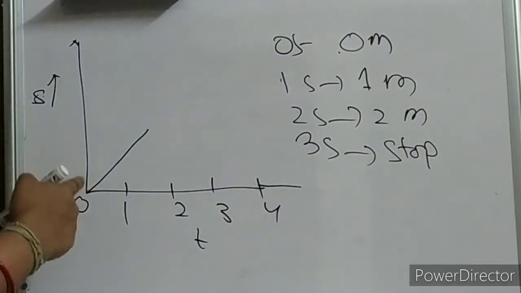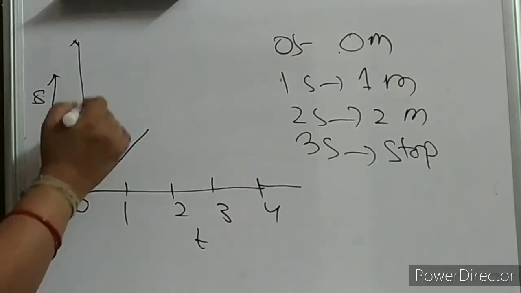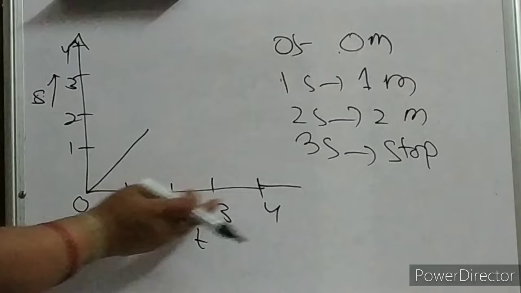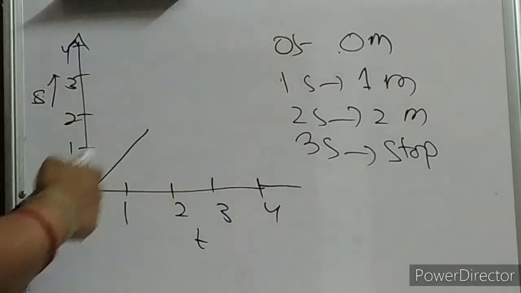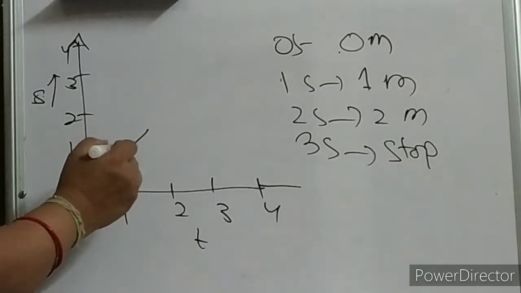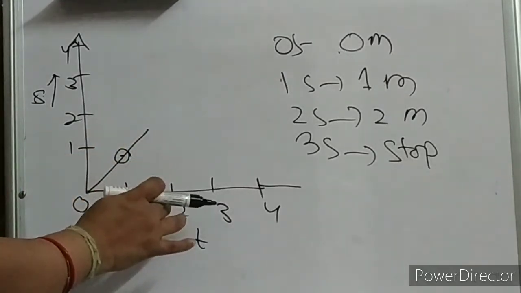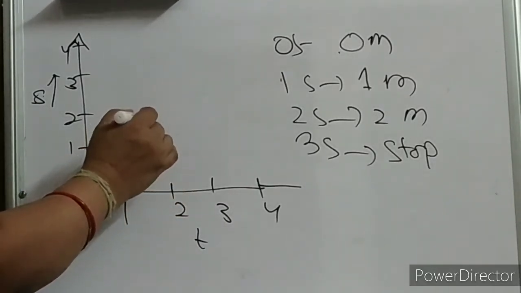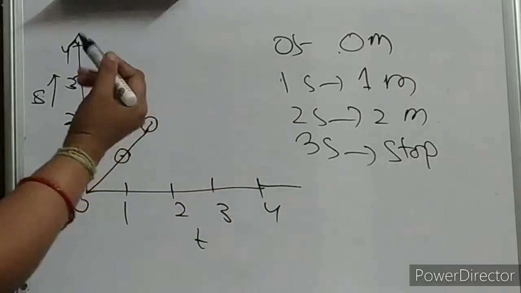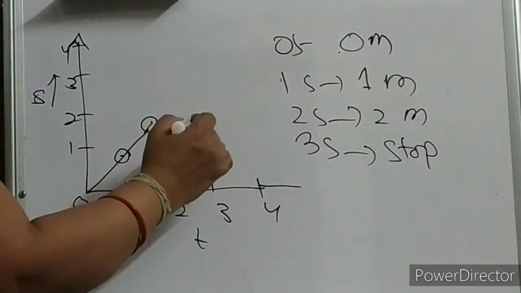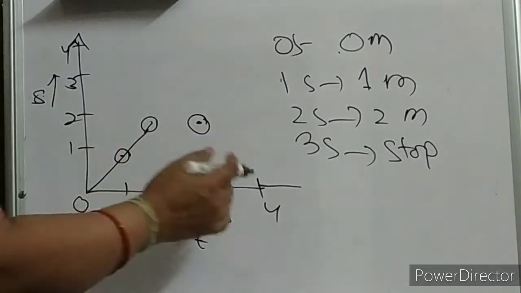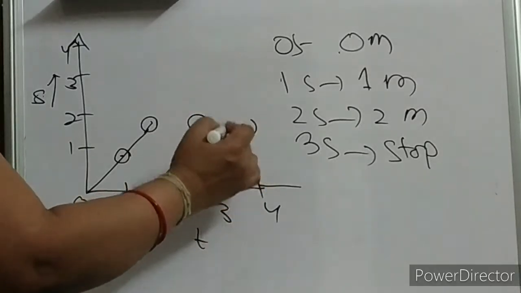At 0 it is 0. Let me write 1, 2, 3 and 4 like this. These are in meters, these are in seconds. So at 0 seconds, 0 meter. In 1 second, 1 meter. Got it? And in 2 second, again 2 meter. And in 3 second, the body is not traveling. That means it is at the same place. It has stopped. In 4 seconds also the body has stopped.